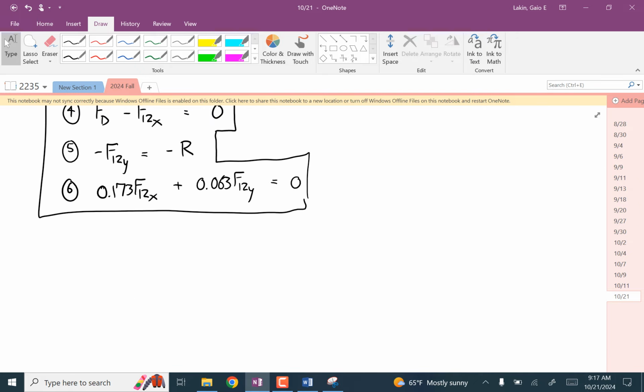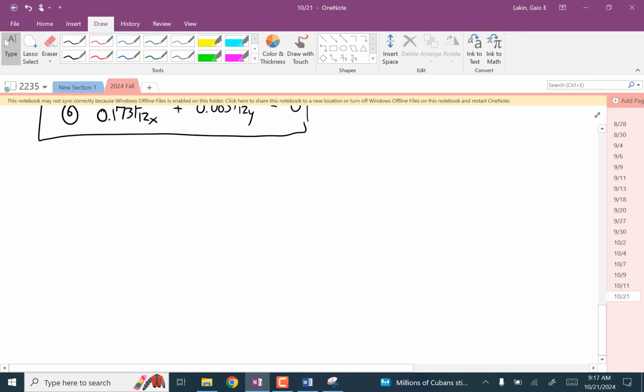Any questions about the setup of the equations? Let's get an answer for this while we've come this far.